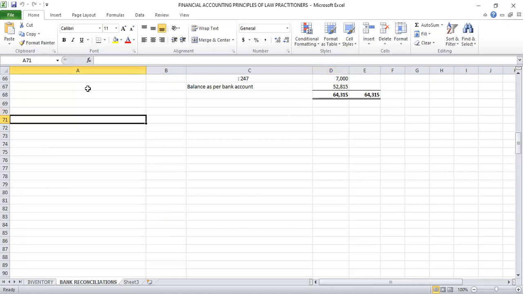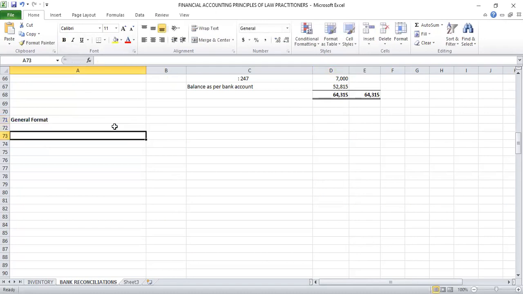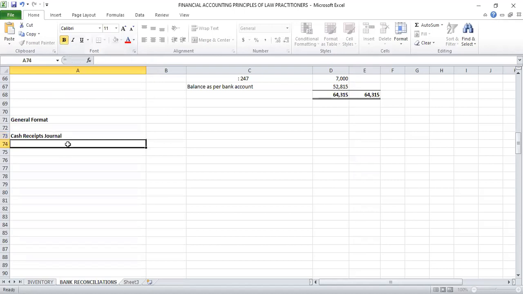One thing that we should know, let's look at our general format. Right. Our cash receipts journal. We start with our subtotal.